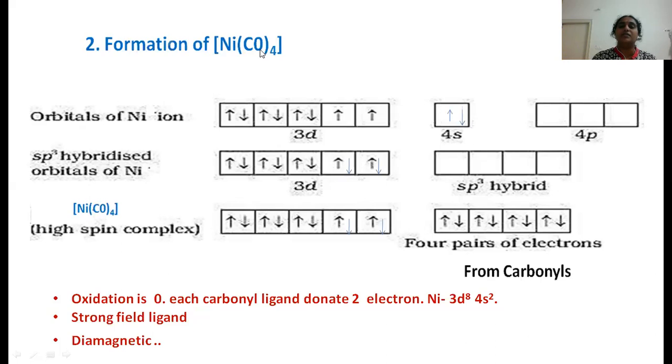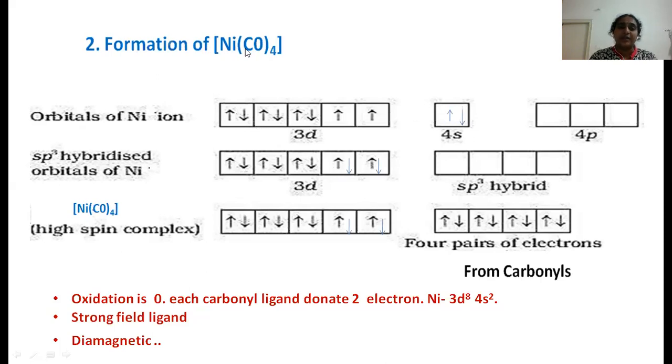But in this complex, there is no charge on the sphere, and carbonyl is a neutral ligand. So there is no oxidation number for this metal, no charge on this metal. So we have to write the electronic configuration of nickel as it is. So in total there are 8 electrons here, 3d8 as well as 4s2.